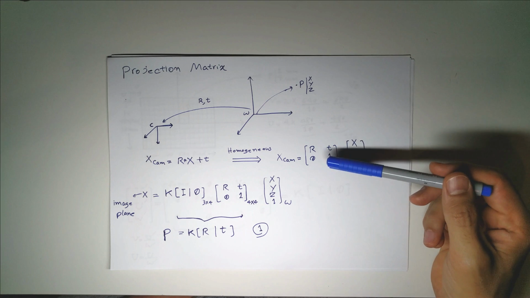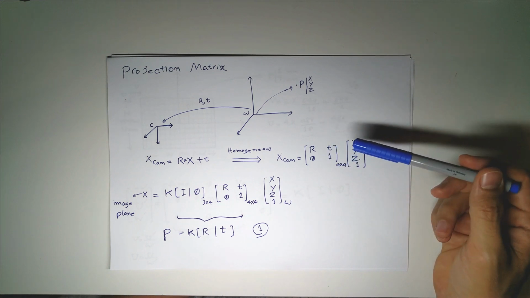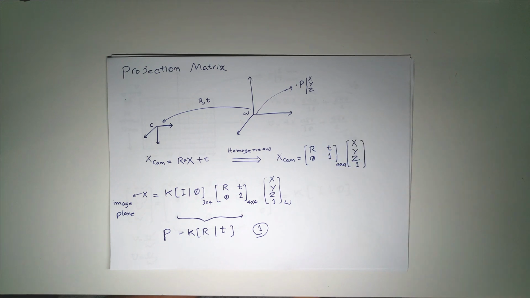This is a matrix that you have seen a lot, the 4x4 transformation matrix, which consists of rotation and translation, which gives you the position of the point in the camera coordinate. Okay, now I have the position of a point in the camera coordinate. If I multiply it by the matrix that I had in the previous slide, I can get the point in the image plane.